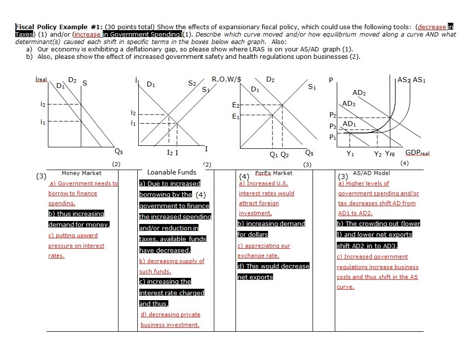And so we can see in the loanable funds market that the increase in interest rates have lessened the amount of money available to banks to loan. So we can see in A and B there, due to increased borrowing from the government to finance increased spending or reduction in taxes, available funds have decreased, and B, decreasing the supply of such funds, we see that interest rates have now increased.